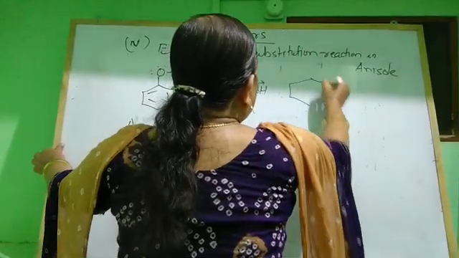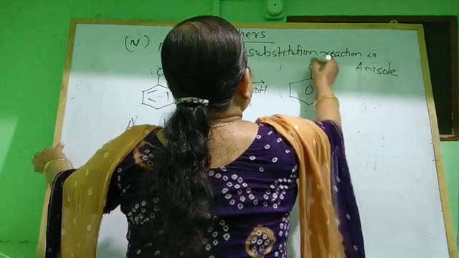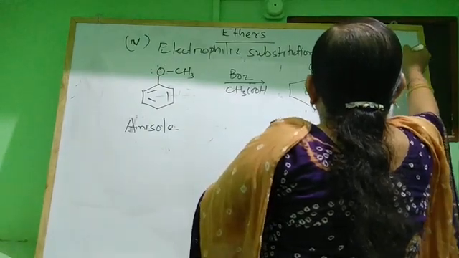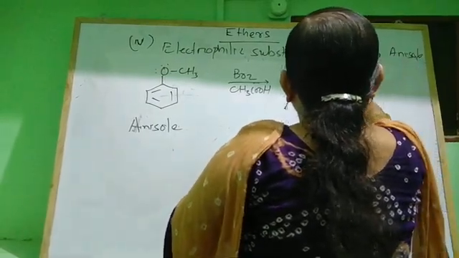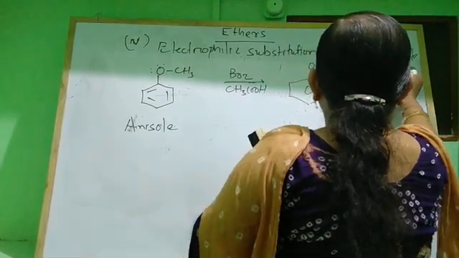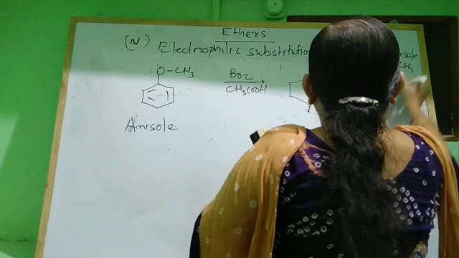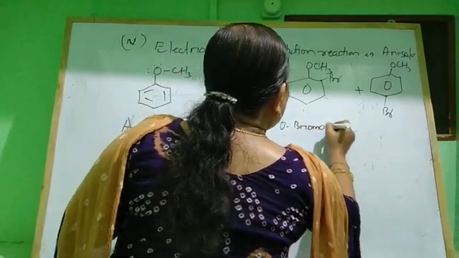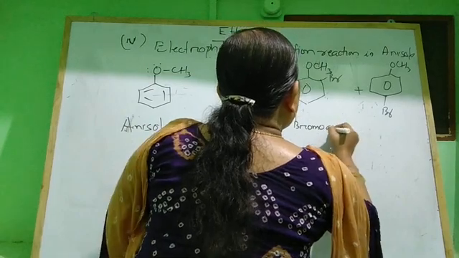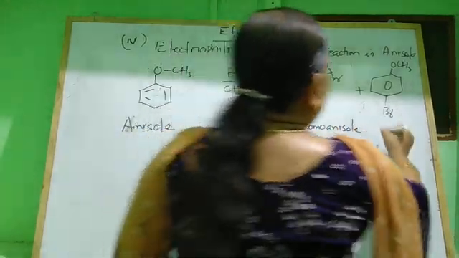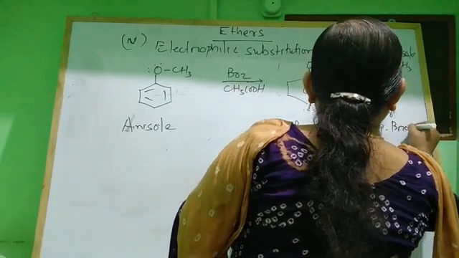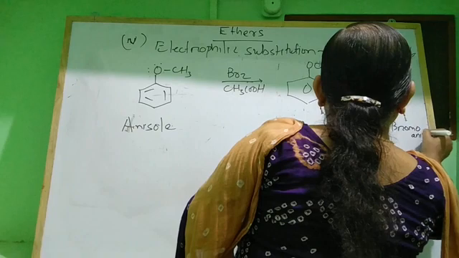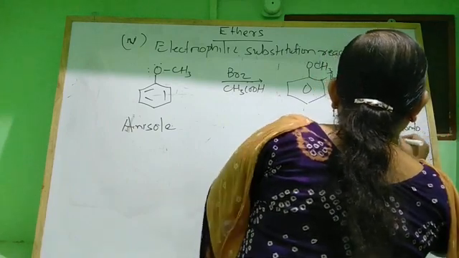So it forms a mixture of this is orthobromoanisole and this is para-bromoanisole.